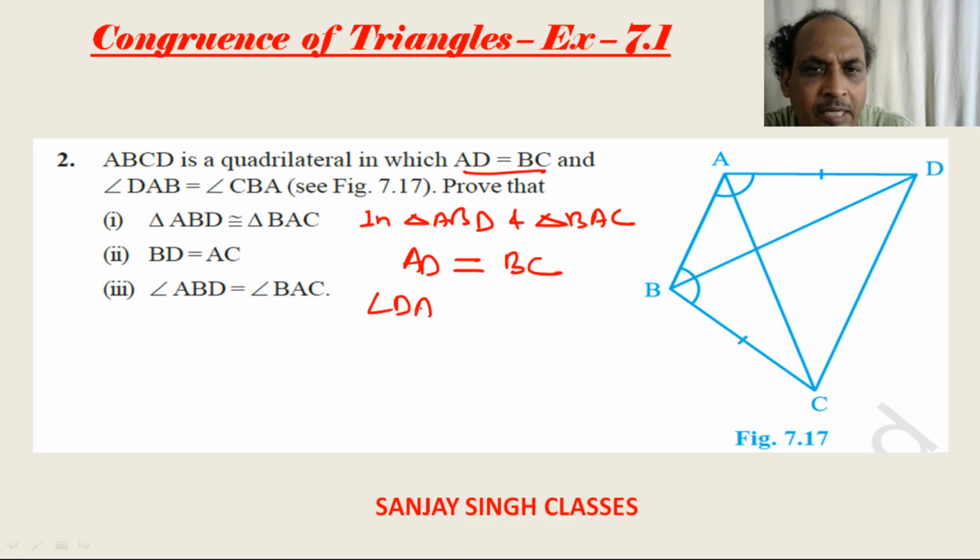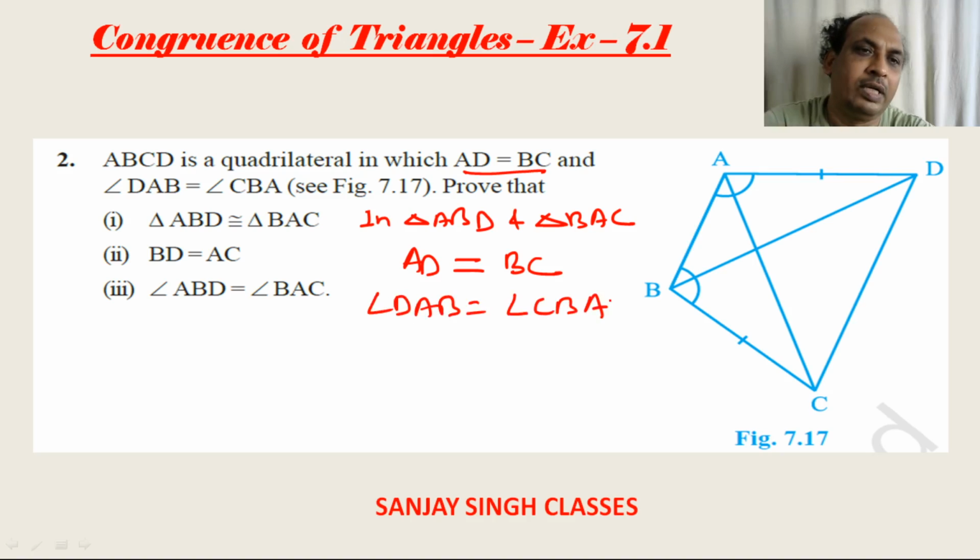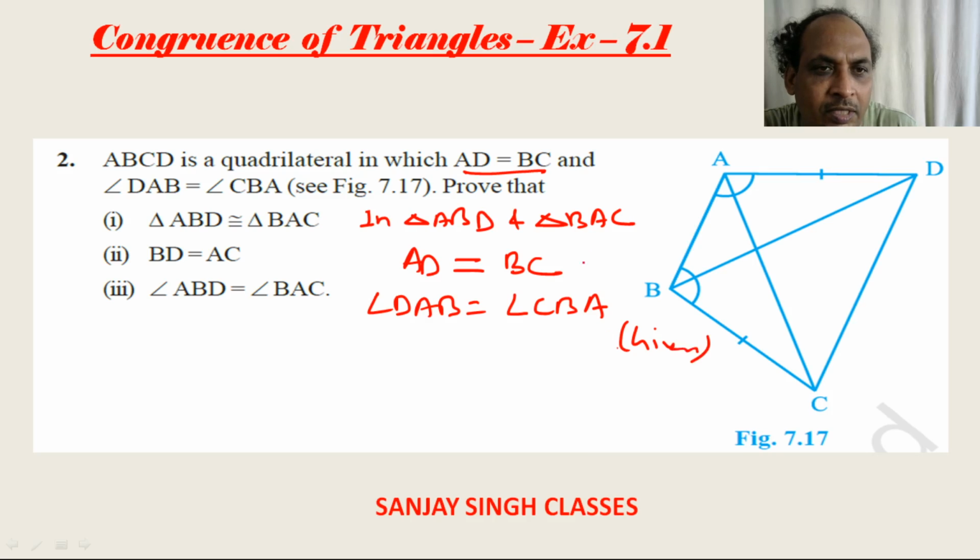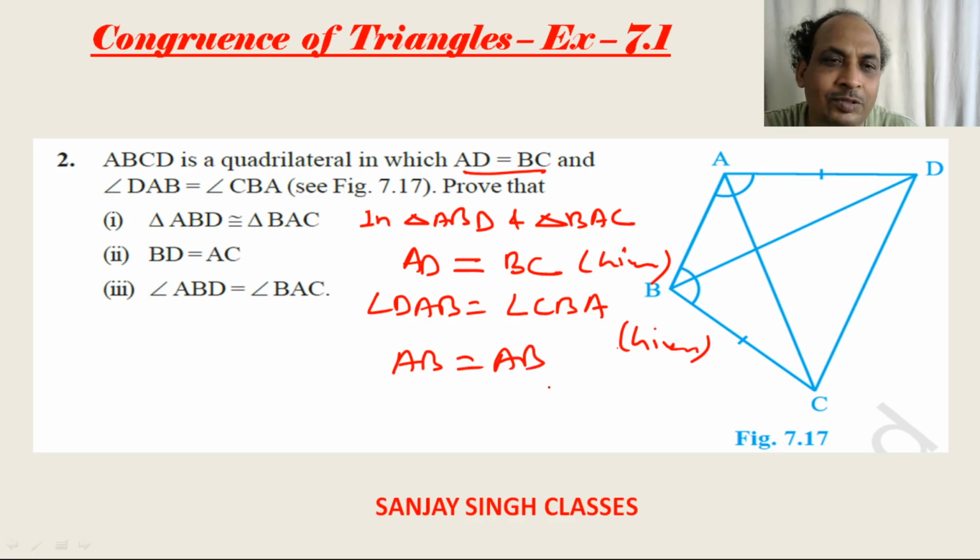Angle DAB is equal to angle CBA, in triangle BAC, or in triangle ABC we can write anything. So both angles are equal, so it is given to us. And in both triangles we find that AB is equal to AB, common.